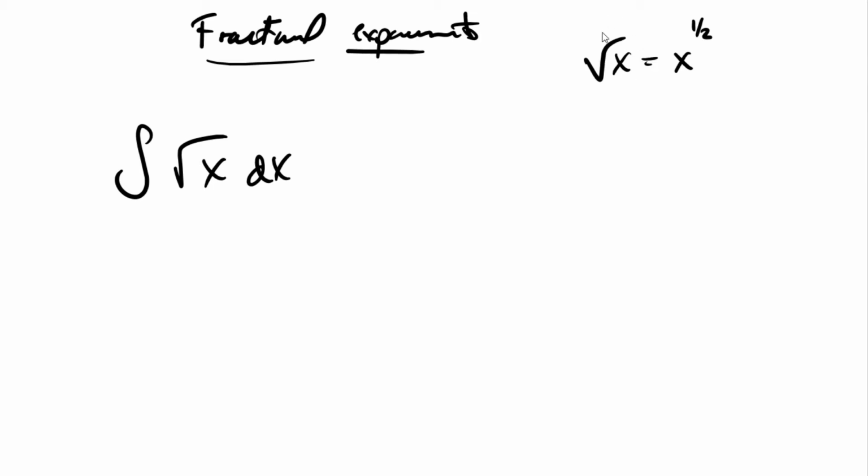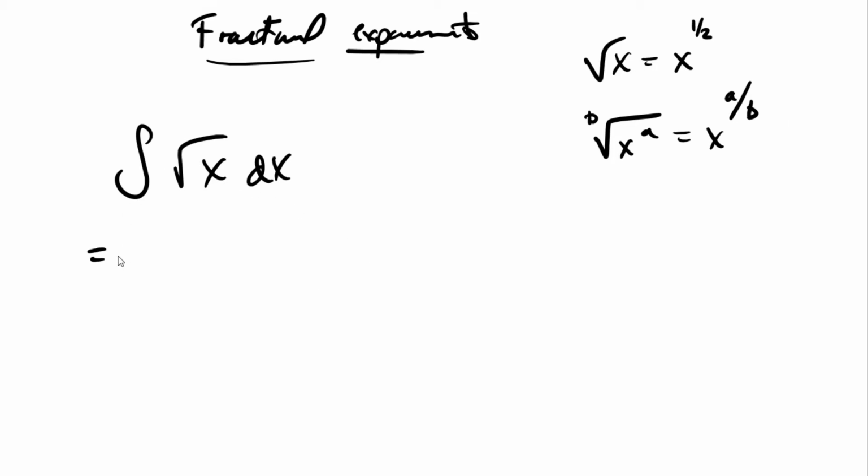Okay? So remember that when we're dealing with roots, we can always turn any root expression into an exponential expression. In general, if you have the bth root of x to the a, that can be written as x to the a over b. And that means that we're going to have to do those conversions in order to use the power rule when we've got an integral involving square roots.